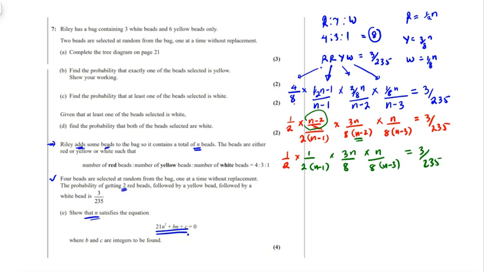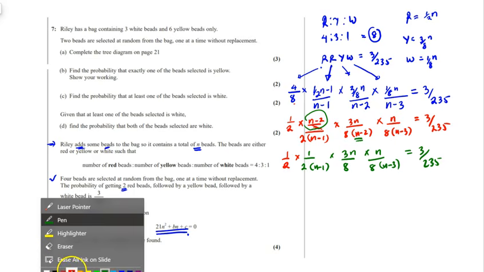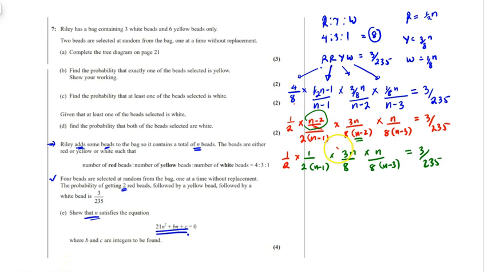If I were you, I'd cancel this with that, which is allowed, so that I have n squared over 2 times 2 times 8 times 4, so this is 4 times 64, times n minus 1, n minus 3, equal to 1 over 235.